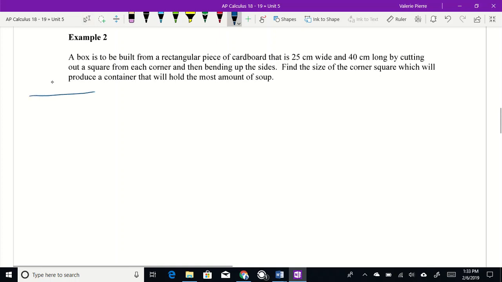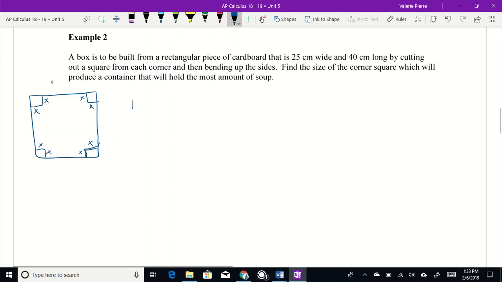So we have a sheet of cardboard, and we're cutting out the corners, right? Cutting out the same size corner for all four corners. So let's label that x by x. All right, so we're cutting out all these x by x squares.